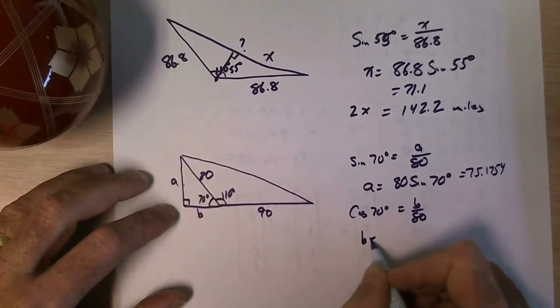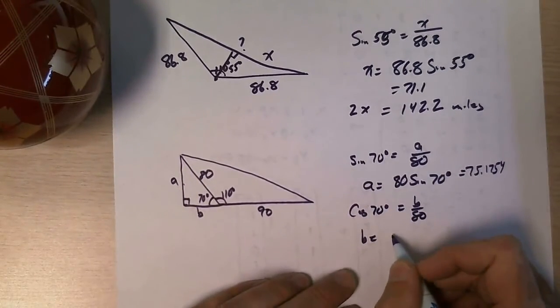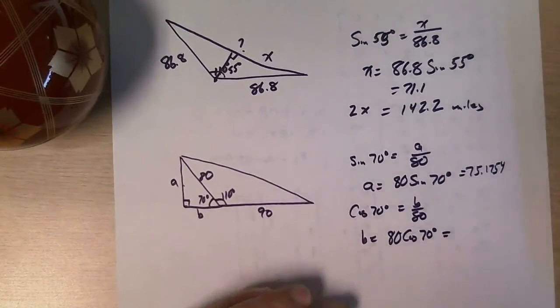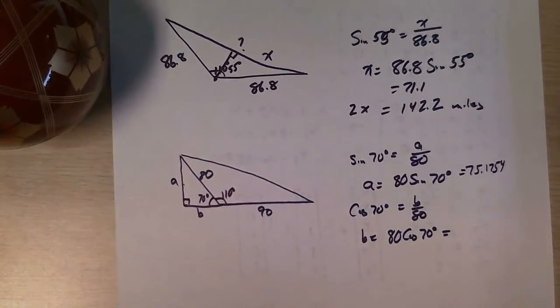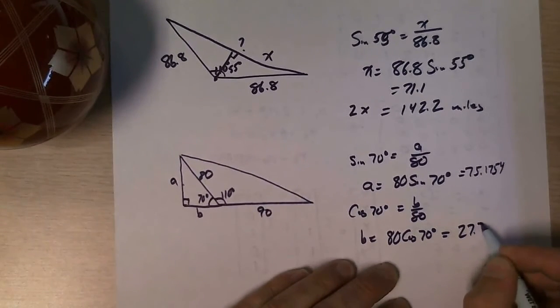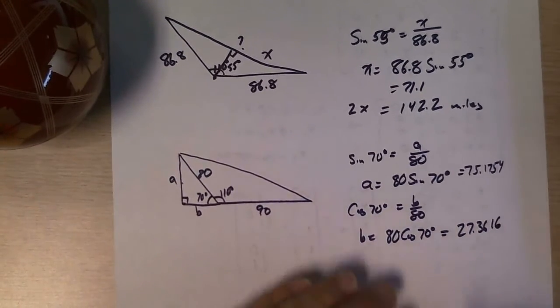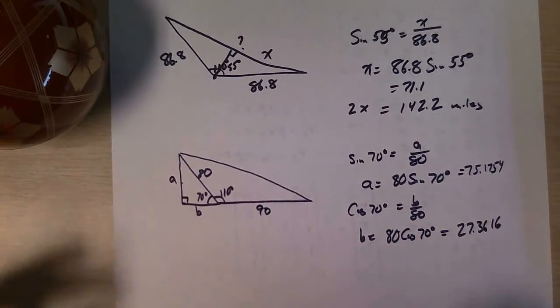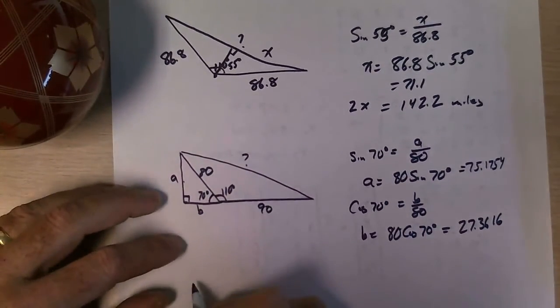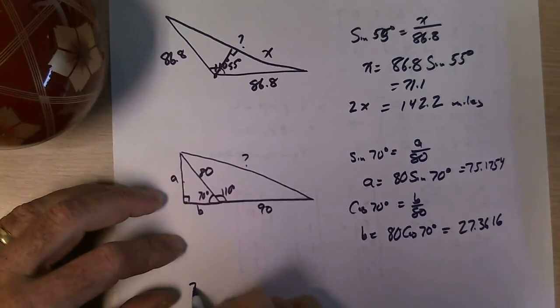So solve for B. B is 80 times the cosine of 70 degrees, which, here we go, 80 cosine 70 in my calculator says 27.3616.